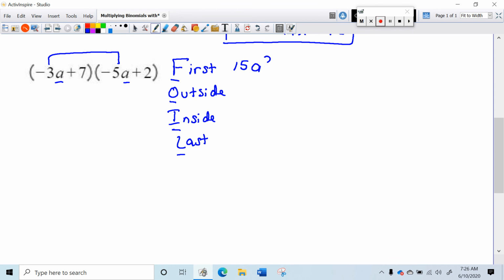That's two a's, which means a squared. The outside, negative 3 times 2 is negative 6, and there's just an a. The inside, 7 times negative 5 is negative 35, and there's just an a. And the last, 7 times 2 is a positive 14.